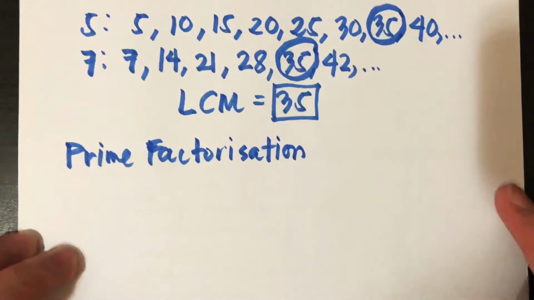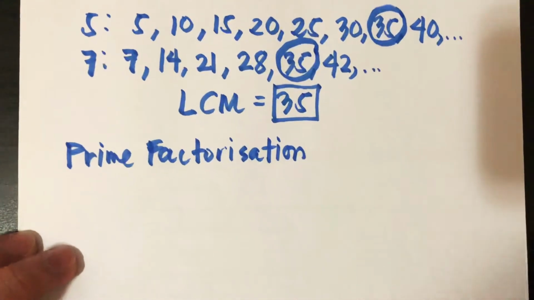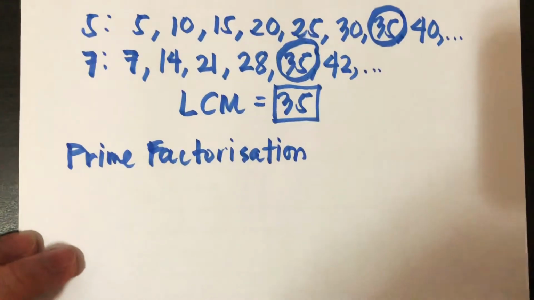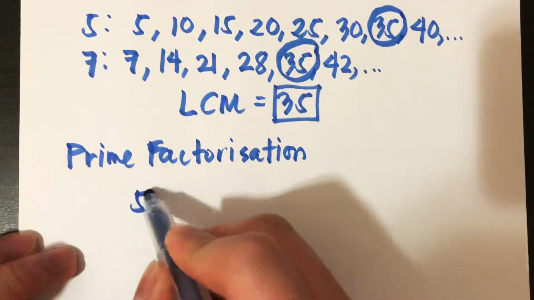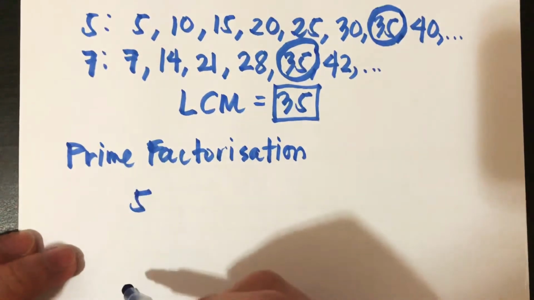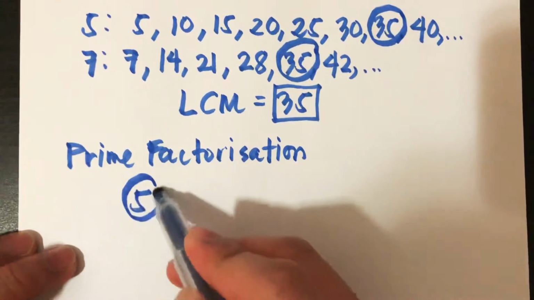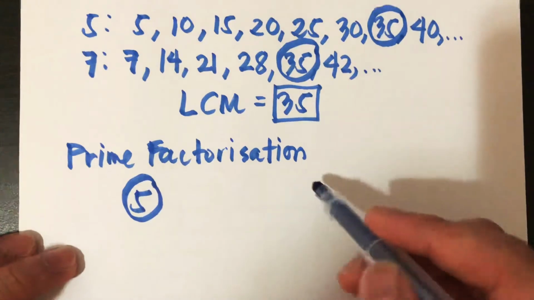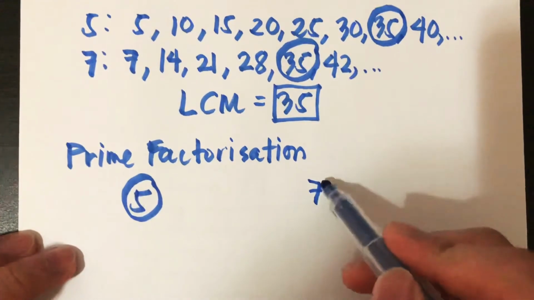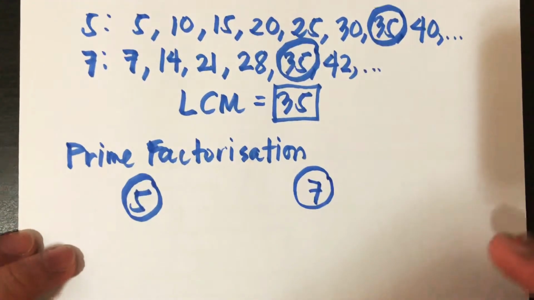How to do that one? Again, we're going to get the prime factors of this, okay? Now in this case, for 5, it's already a prime factor, okay? Then for 7, it's already a prime factor, okay?